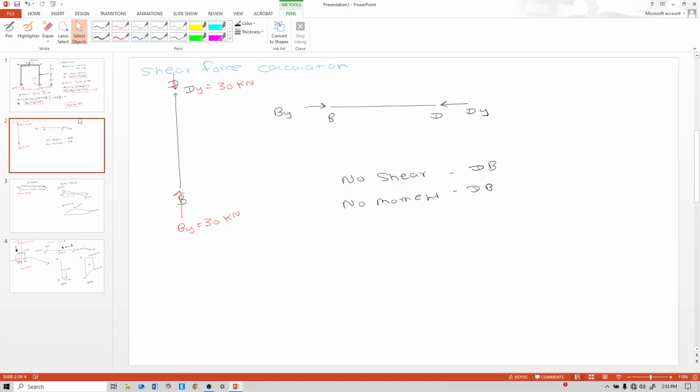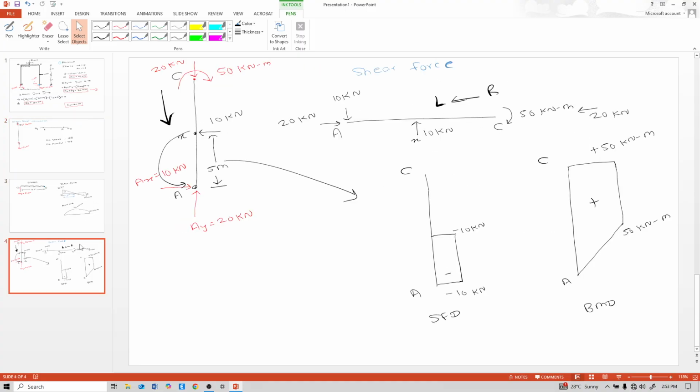So here think D to B. I think our beam rotation is wrong, because if we come from right to left, then this is at C. This is positive moment, so positive Mx, positive 50, that means Mx is negative 50.